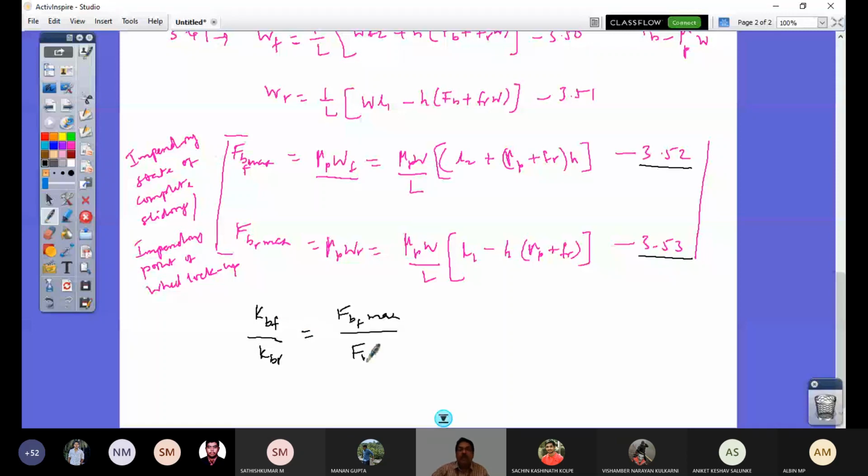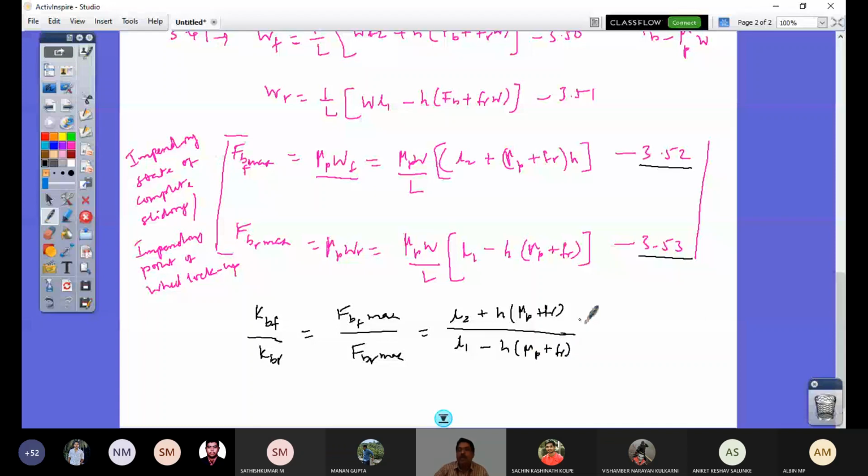See, these terms are common and go out, so I can have this as L2 plus H into mu P times FR by L1 minus H into mu P times mu P plus FR. So this is the expression.